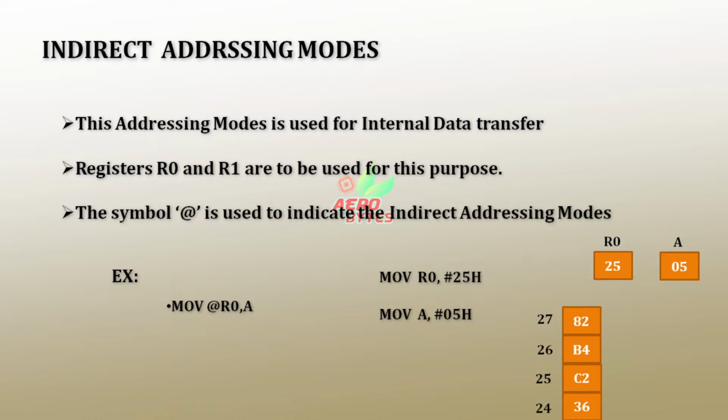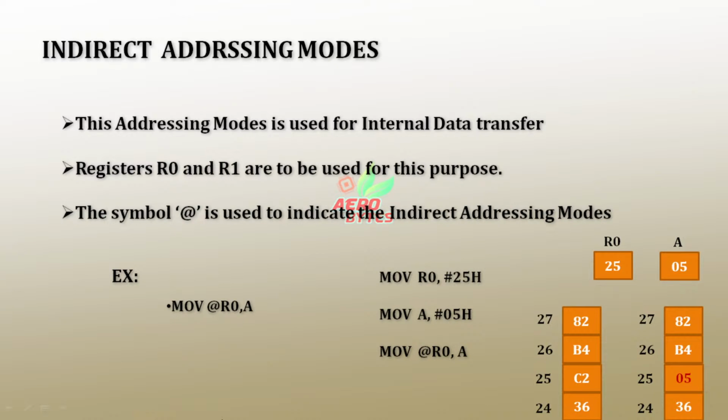Then suppose we consider the memory values: addresses 24, 25, 26, 27 may contain the values 82, B4, C2, 36 and so on. After the instruction MOV @R0, A, which is an example of indirect addressing mode, the value 05 is transferred.